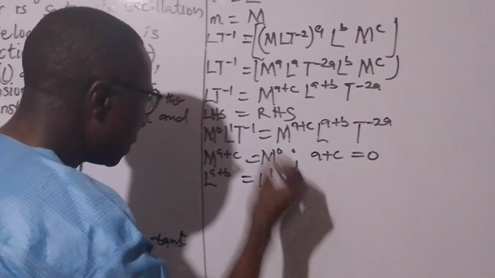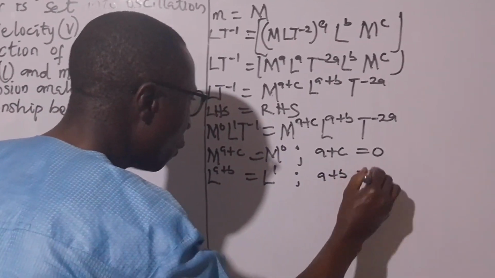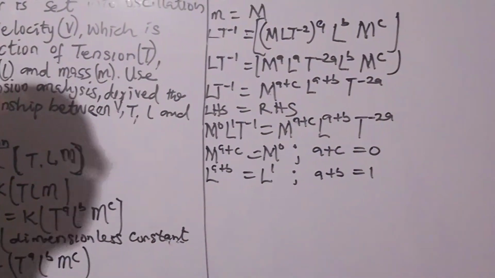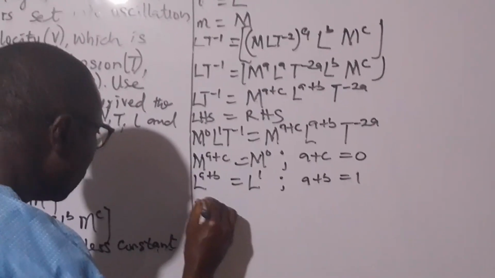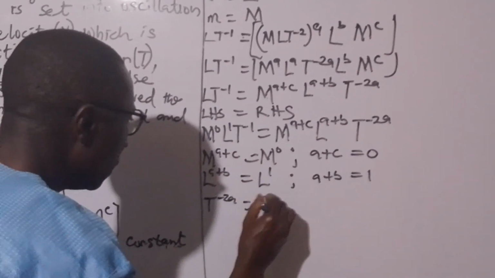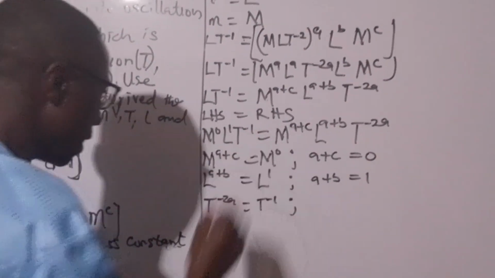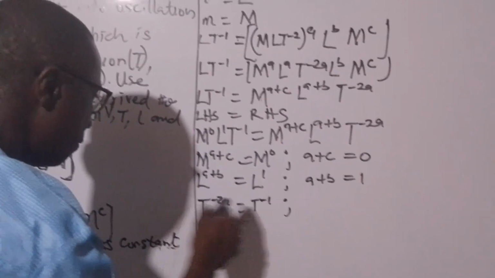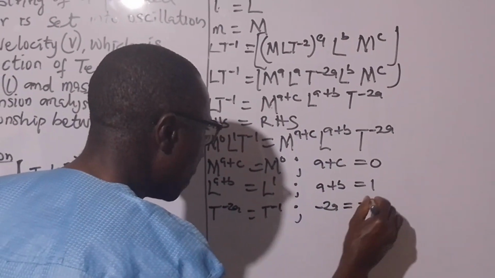Then it gives us A plus B equals 1, according to the equation of indices. The last one, T now. T raised to power minus 2A is equal to T raised to power minus 1. Therefore, same base, different power, that will be minus 2A is equal to minus 1.